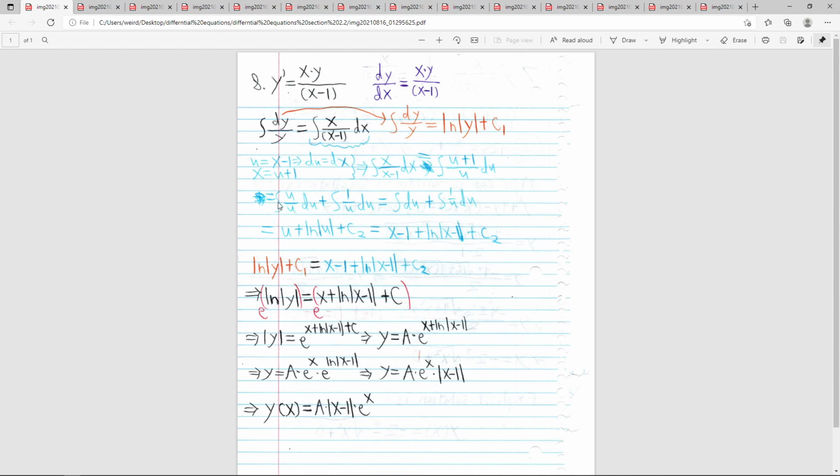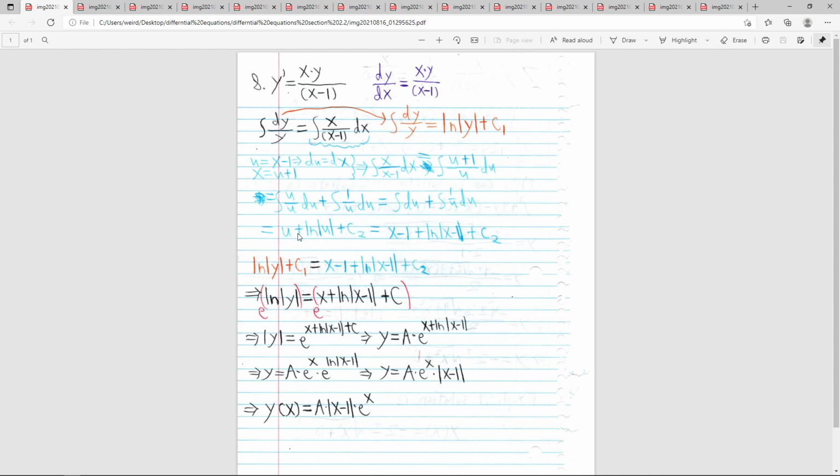And then we separate the integral into integral u over u, because it's u plus 1 divided by u, so that's u over u du, plus the integral of 1 over u du. So we have integral of du, pretty much because it cancels out, so it's 1 du, plus integral of 1 over u du. So we get u plus ln absolute value of u plus c2.